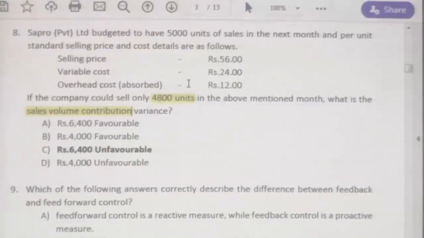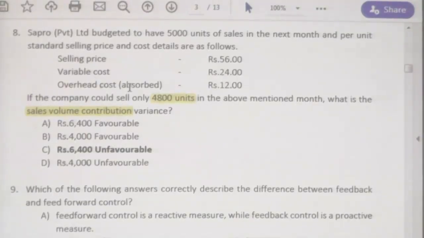To calculate the standard contribution, you need to take the sales price, then the variable cost. You cannot take overhead absorbed. Why? Absorbed fixed cost is not part of the variable cost. Therefore, to calculate the contribution, you cannot take the overhead absorbed cost. Is that clear? Therefore, you will take selling price and variable cost.